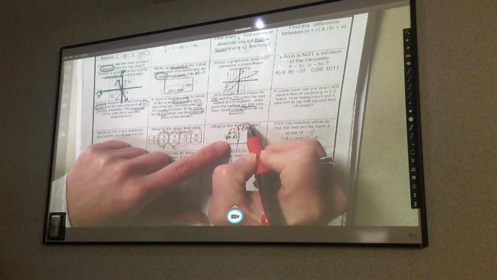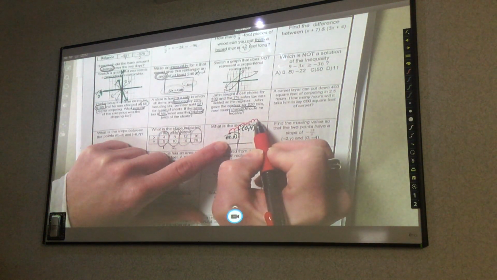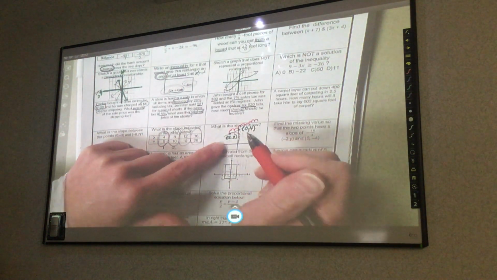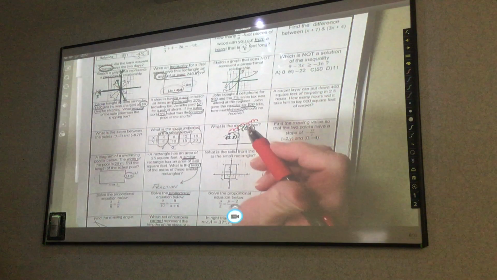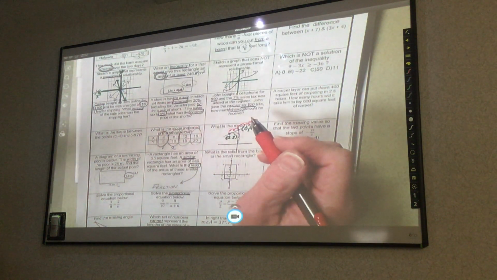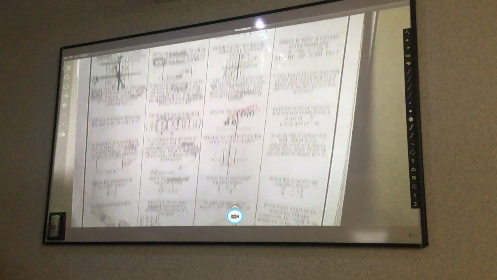You can find the next point by going up 1, over 2, 1, 2. Does that make sense? You guys understand how you can do that and make your line by knowing the slope? Slope is also considered your K, which is your constant.